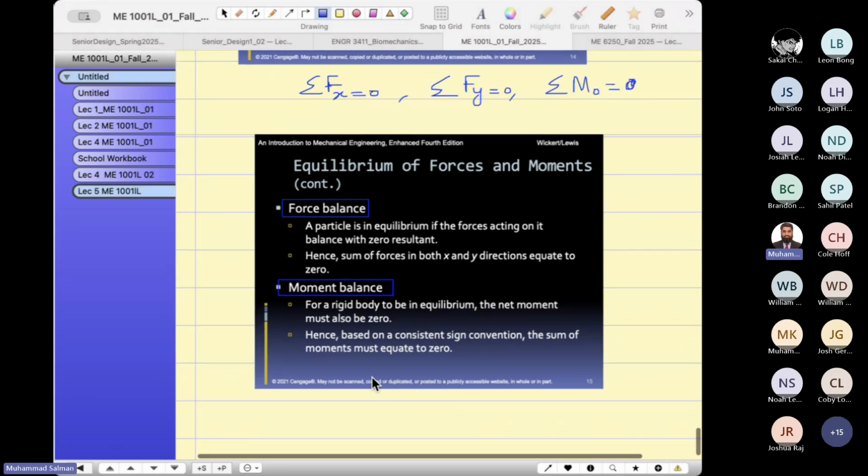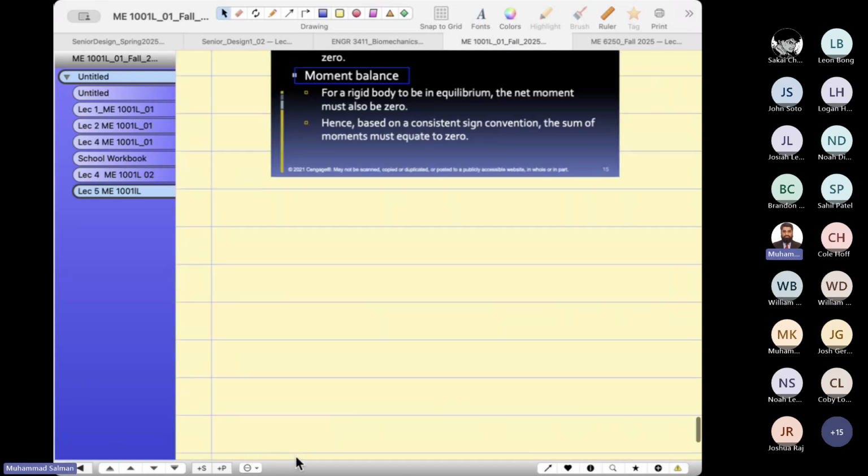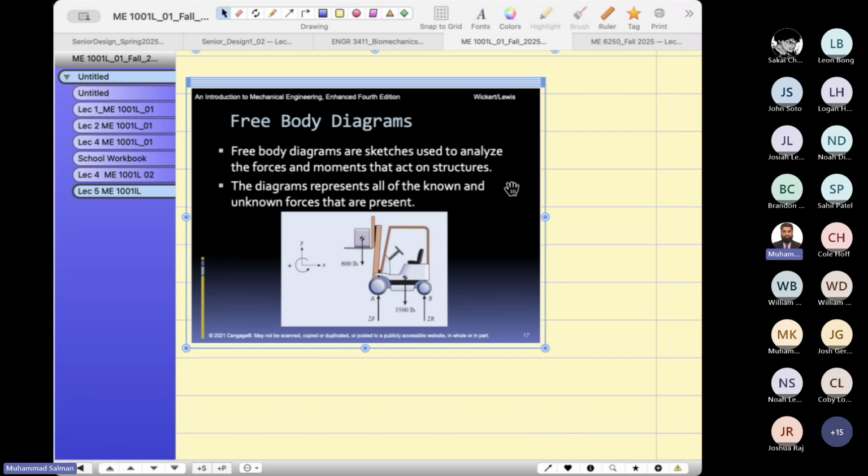Then comes some understanding about the free body diagram. The word free body diagram comes up many times in your coming classes, like dynamics and vibrations. You have to show the professor the force vectors when you isolate a mass.